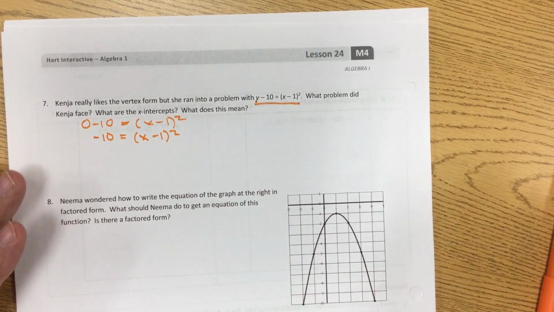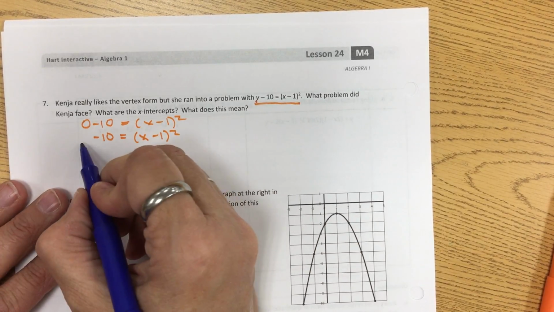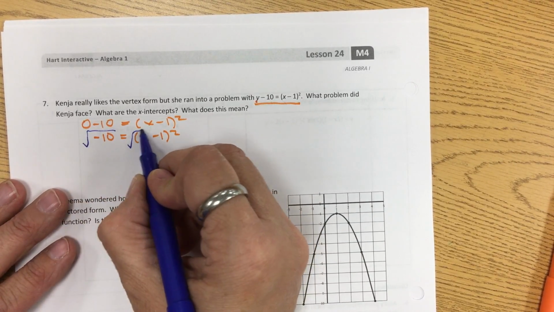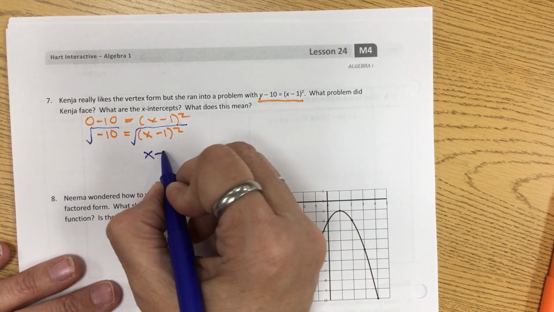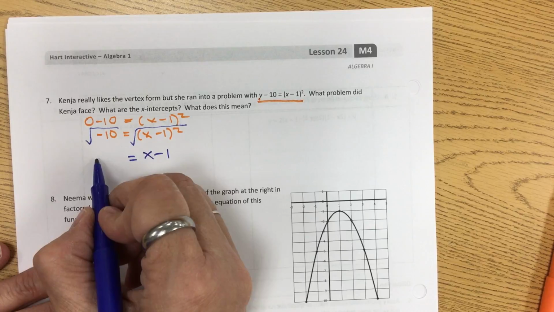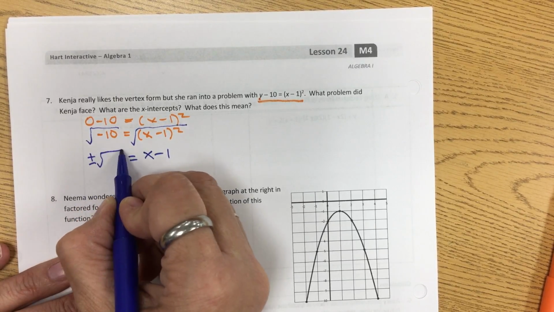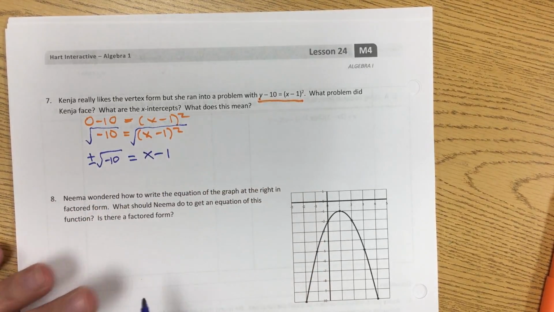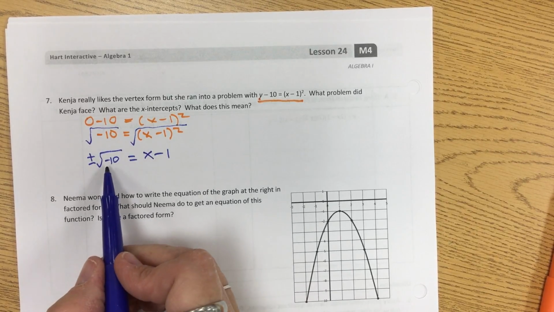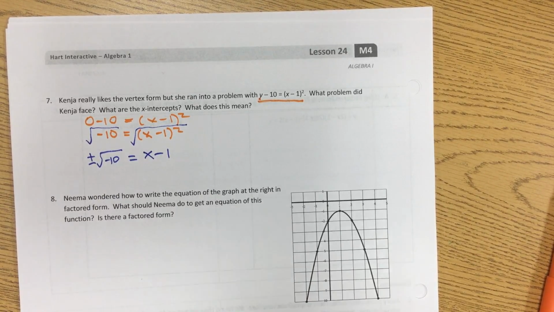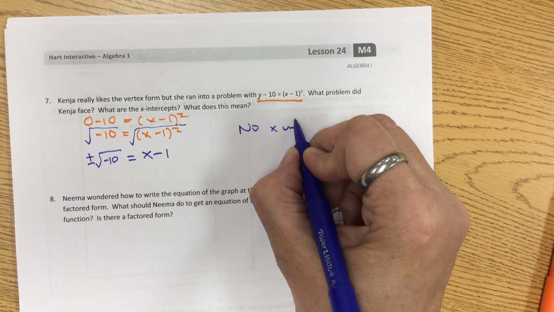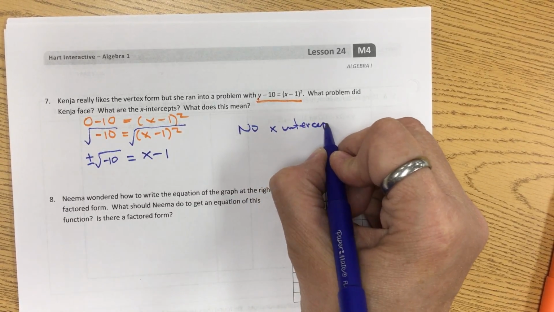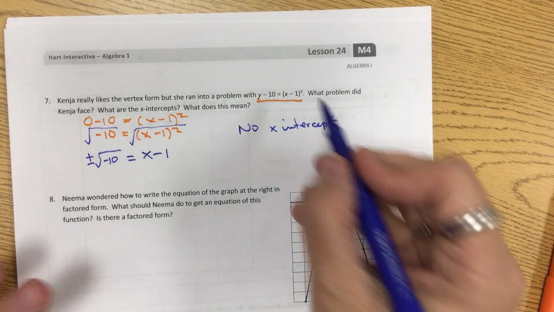Okay, so it's going good so far, but if I go to take the square root of both sides of the equal sign, I think that we have not been taught how to do this. So anytime it comes out that there is a negative square root, that means that there is no x-intercept. Okay, how can I know that?